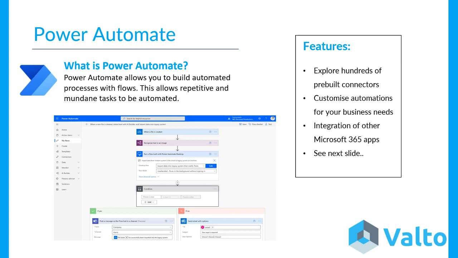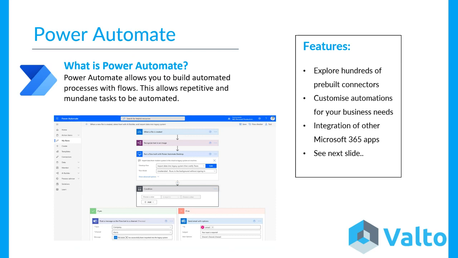Certain features: there are hundreds of pre-built connectors. What we mean by connector is that it automatically will work with all the Office 365, Microsoft 365 products, so things like SharePoint, Teams, OneDrive, and so on. But it also connects to loads of other third-party applications as well. So if you're using Salesforce or Jira for task management, or Dynamics 365 or all these other additional products, you can integrate directly with them.